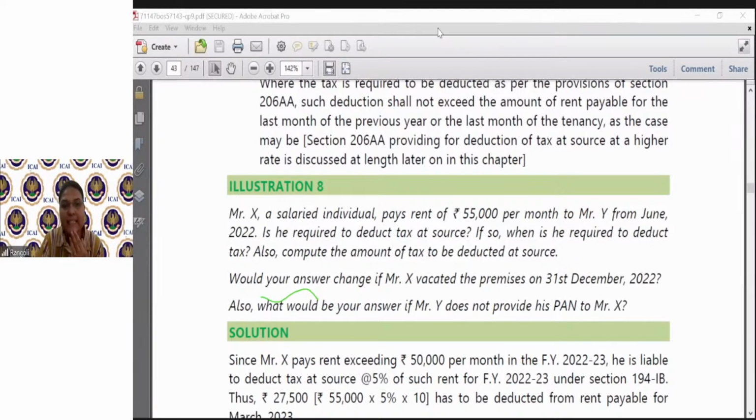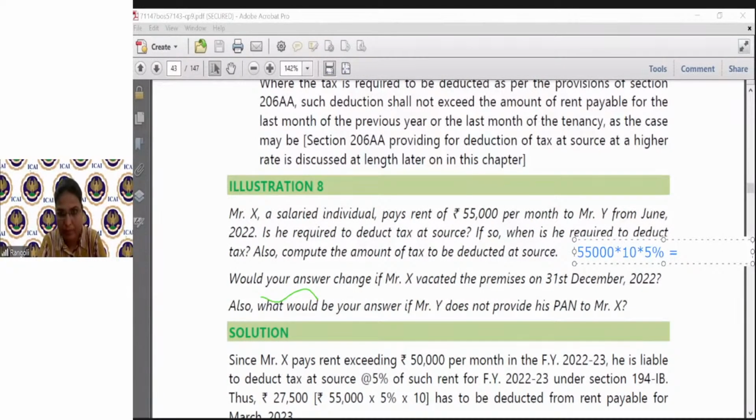He started paying rent from June 2022. Here nothing is given about when the property is vacated, therefore up to 31st March it is on rent. So Mr. X is required to deduct 55,000 into June, July, August, September, October, November, December, January, February, March, 10 months rent, into 5%.